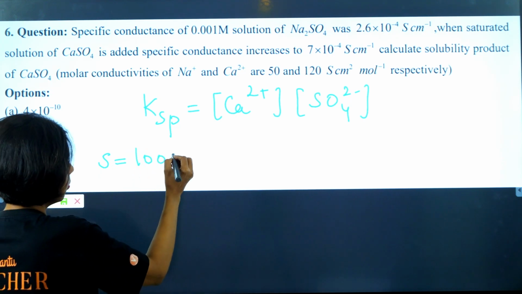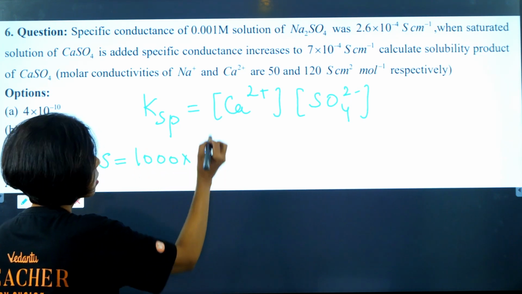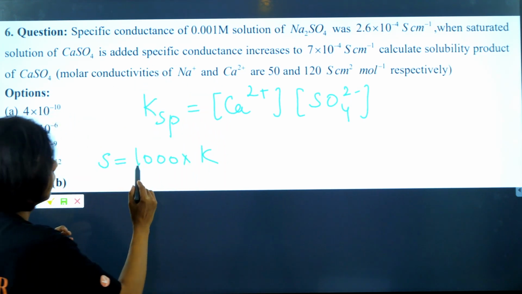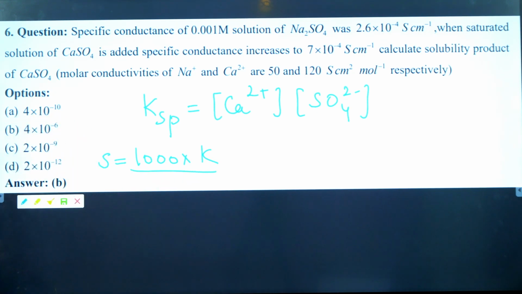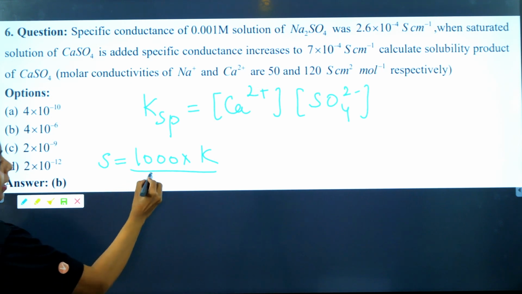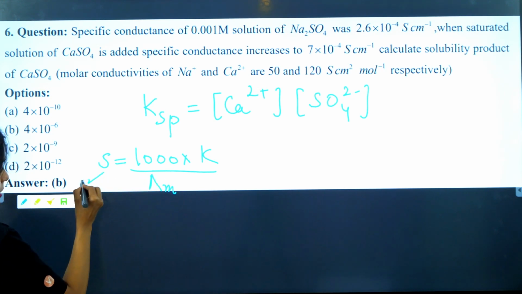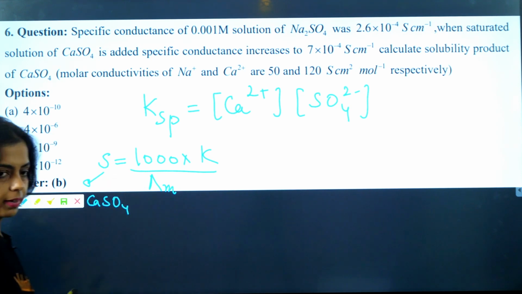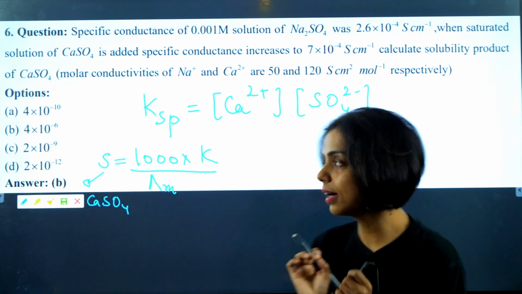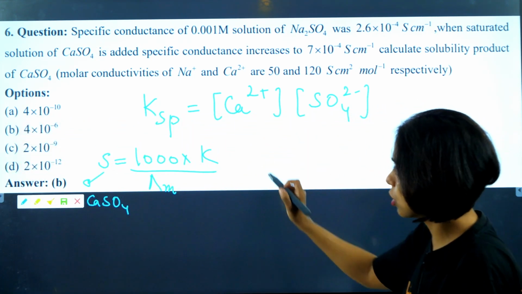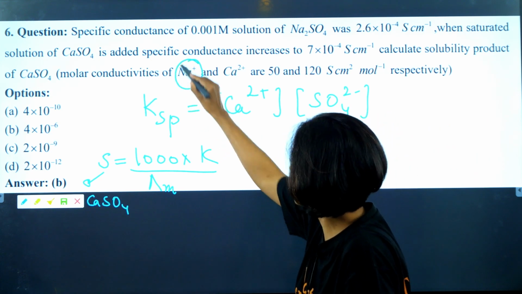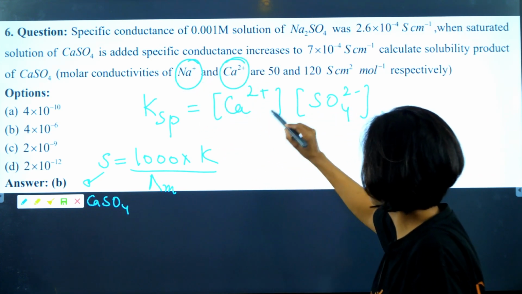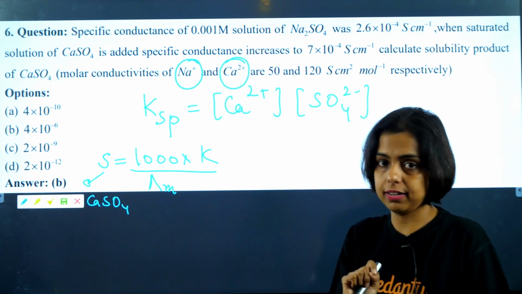1000 into kappa, that is given to me, right? Kappa upon molar conductance of calcium sulfate. So I need the molar conductance of calcium sulfate. In the question, the molar conductance of sodium ion and calcium ion is given to me, not the sulfate ion.